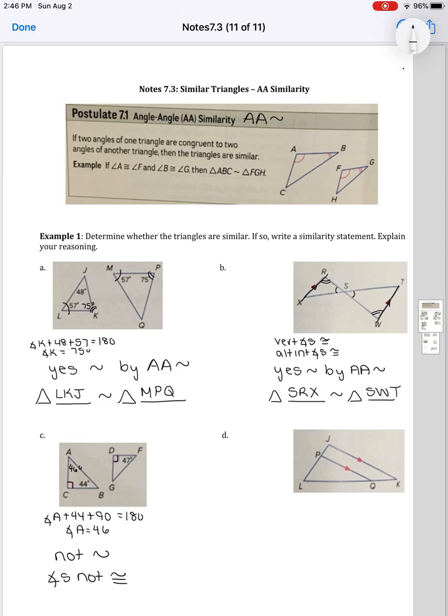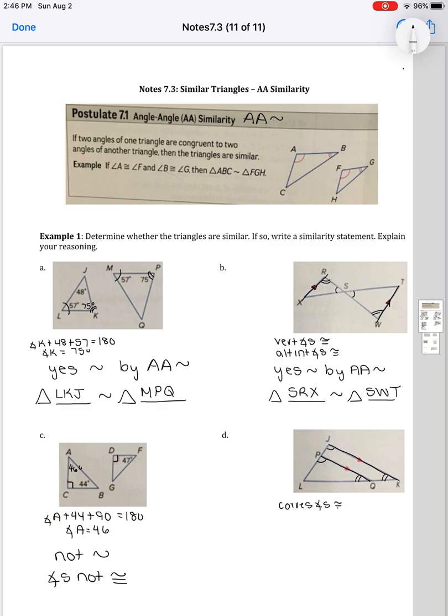All right, for D, D is another one where we have nothing marked. Many people just say, oh, doesn't work. But you see these parallel lines. These lines right here are parallel to each other. If we know we have lines that are parallel, we can say that this angle equals this angle because they're corresponding, and this angle equals this angle because they're corresponding.